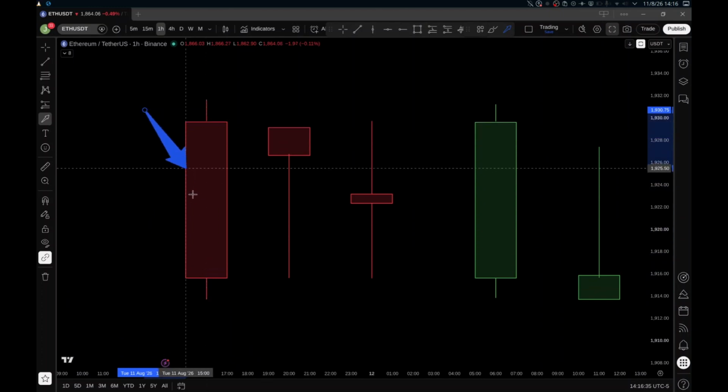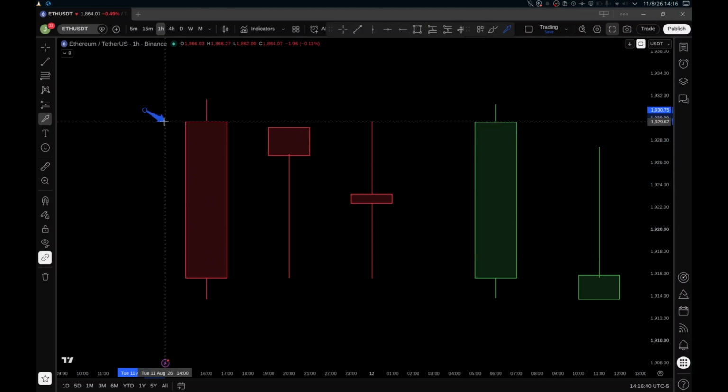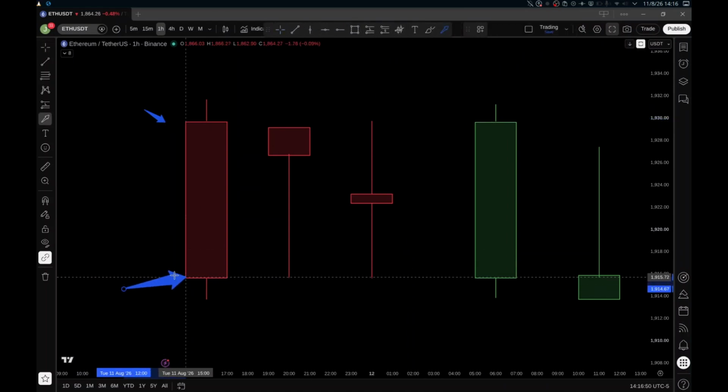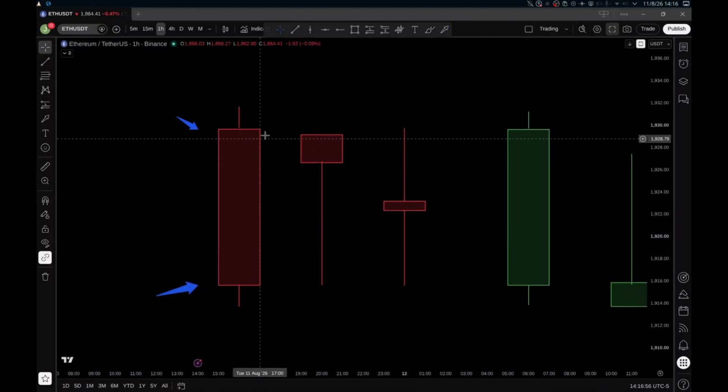If the candlestick is red, the highest part of the body is the open, right? And the lowest part of the body will be the close. Open, close. Now, these little lines that you see here, we call them shadows or wicks.